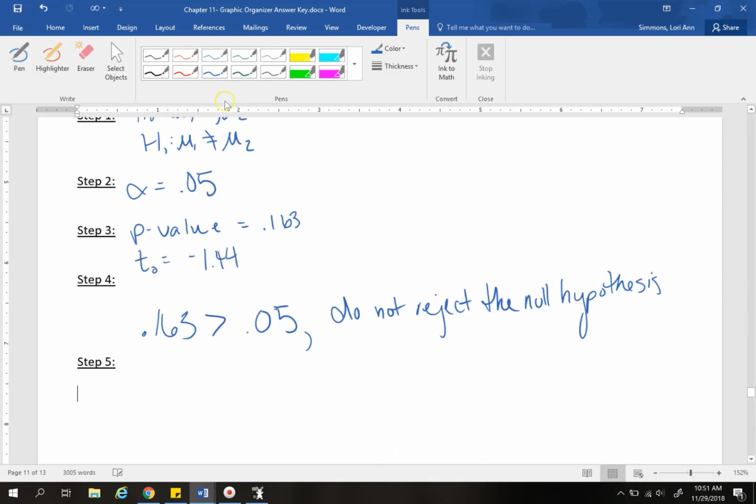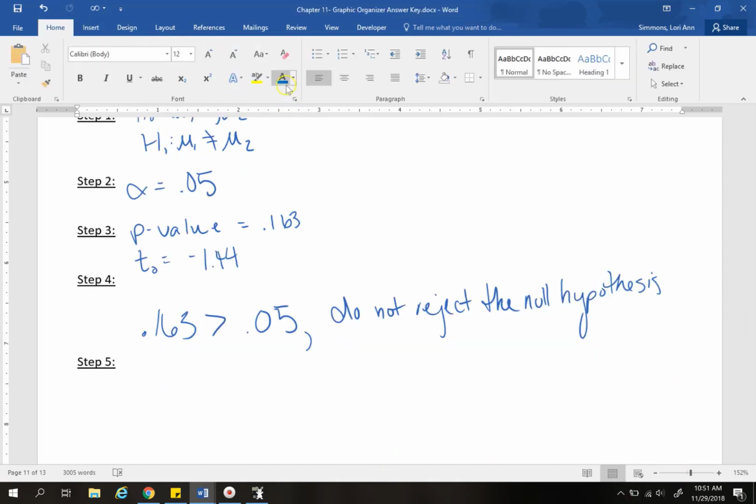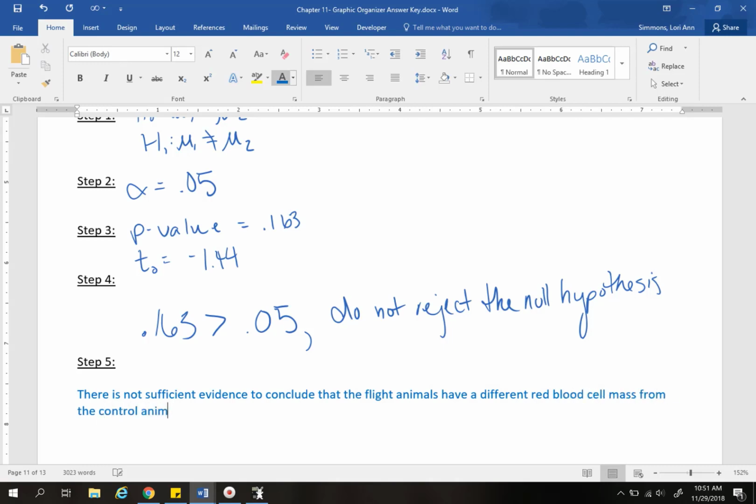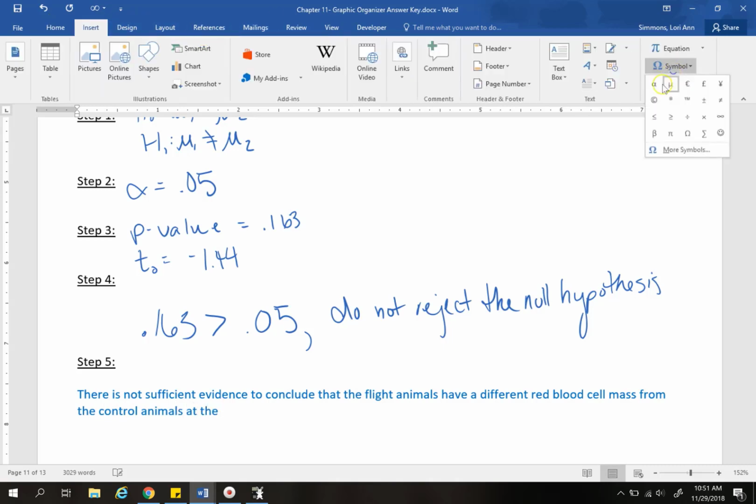Step 5 is to state the conclusion. We can say there is not sufficient evidence to conclude that the flight animals have a different red blood cell mass from the control animals at the alpha equaling 0.05 level of significance.